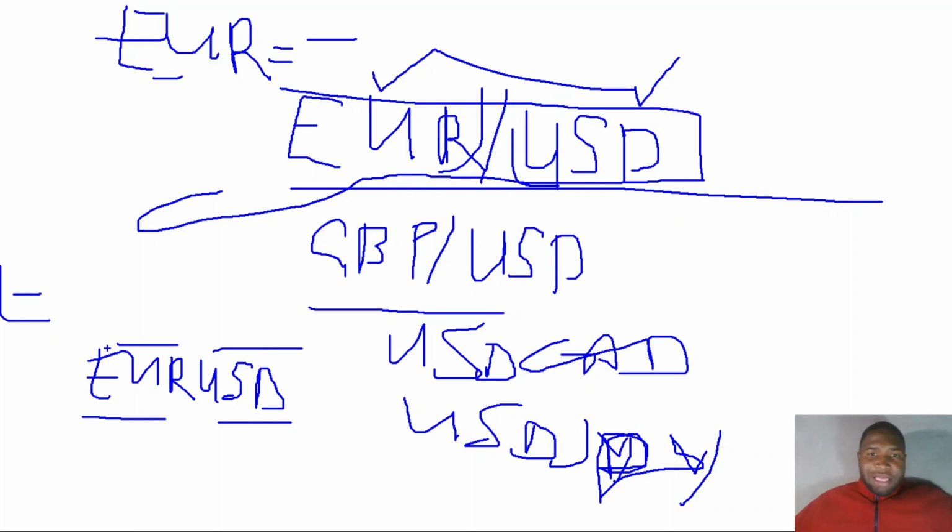I don't know if I'm making things clear, but I'm trying to move slowly so that you can understand, so that when we reach how to read the actual forex quote, you will be able to understand.